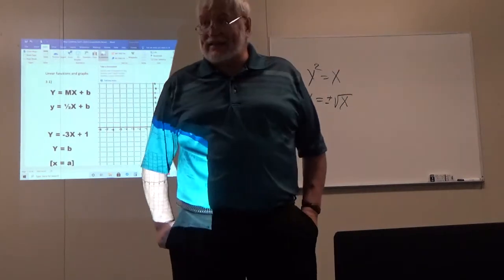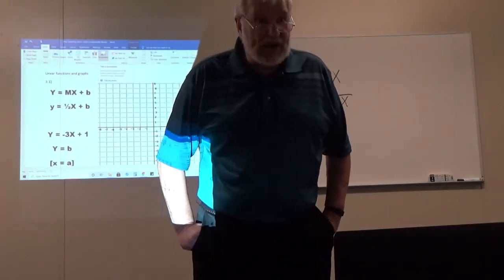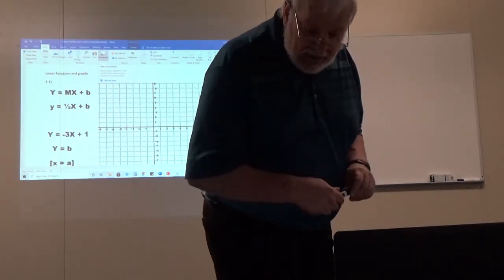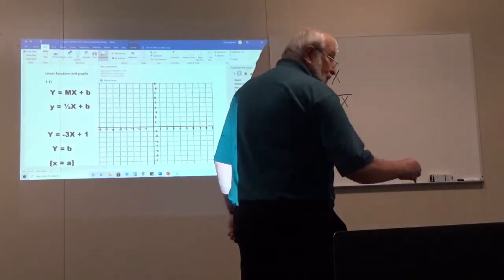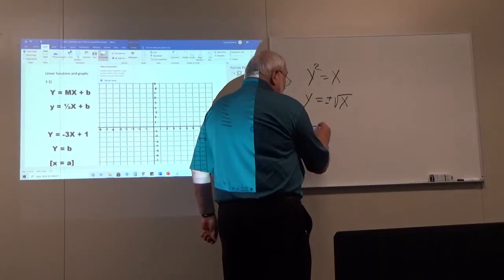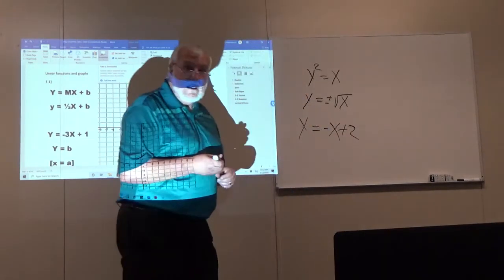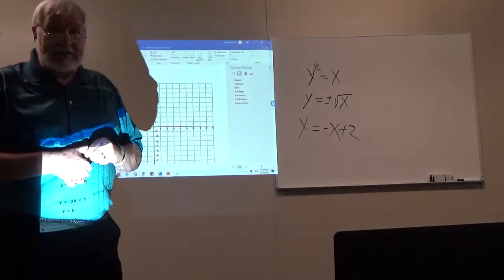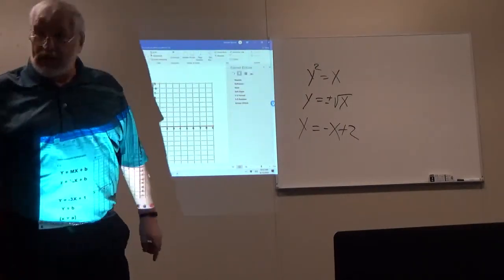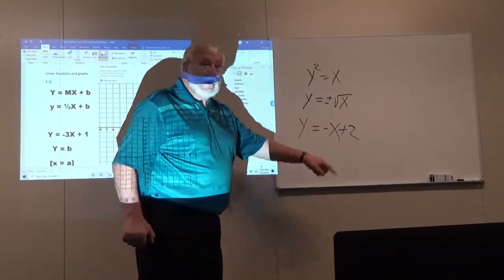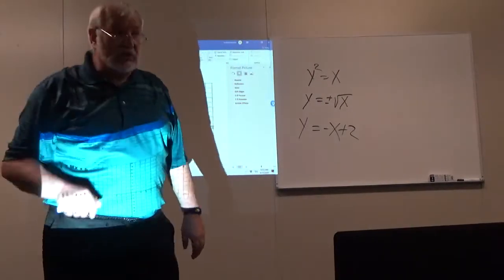You're going to have to get it to algebraically say y equals. So what would you do with A? You would say y equals negative x plus 2, would you not? You'd subtract an x from both sides, and that's what you put in the y equals. You're going to put negative x plus 2, and it'll show you what the graph looks like.